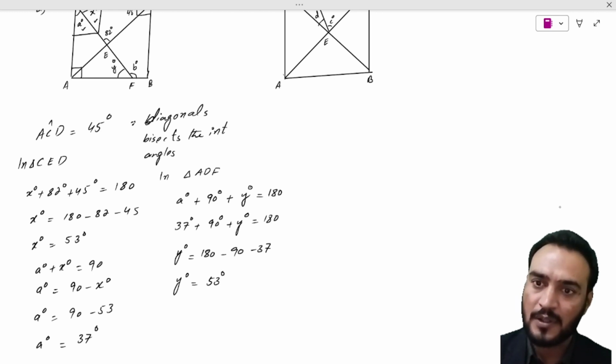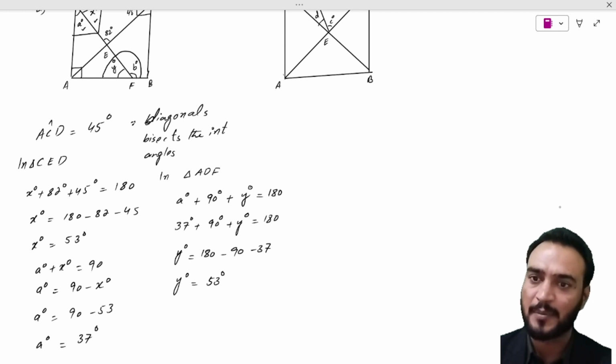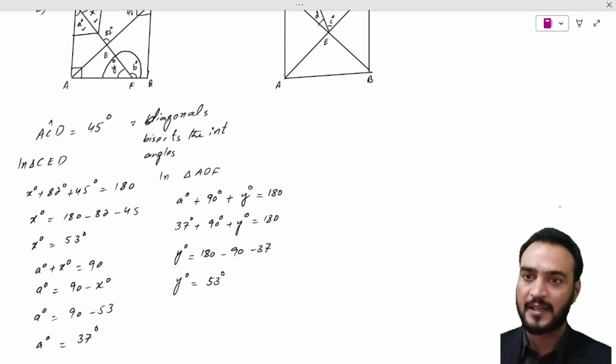Now you know the angles in a straight line sum up to 180 degrees. So y degrees and b degrees are the angles in a straight line. These are adjacent angles, so their sum is equal to 180 degrees. So y degrees plus b degrees is equal to 180 degrees.